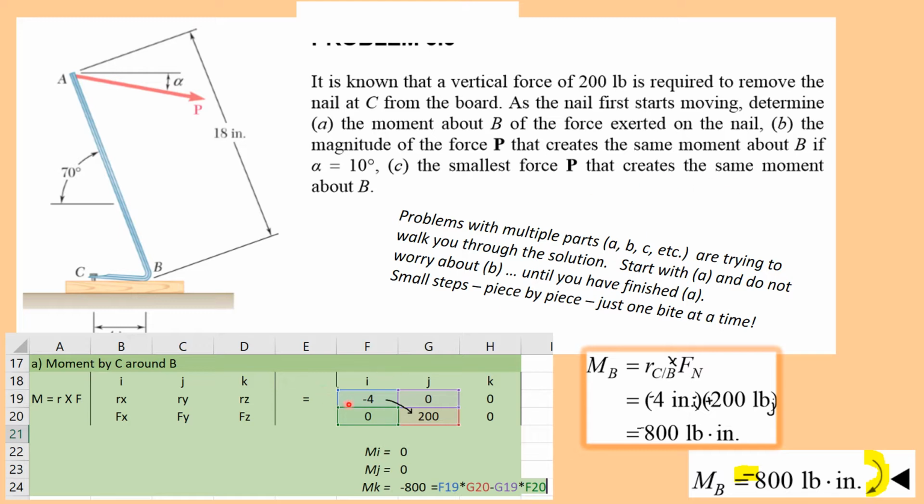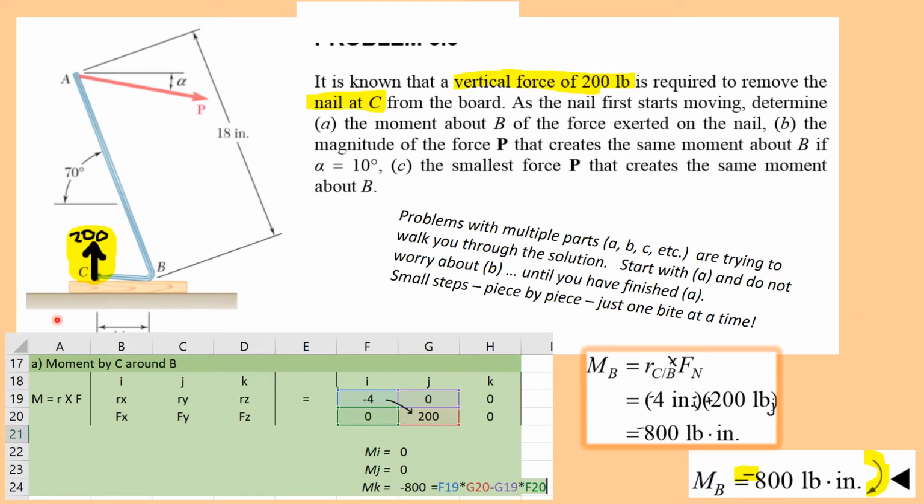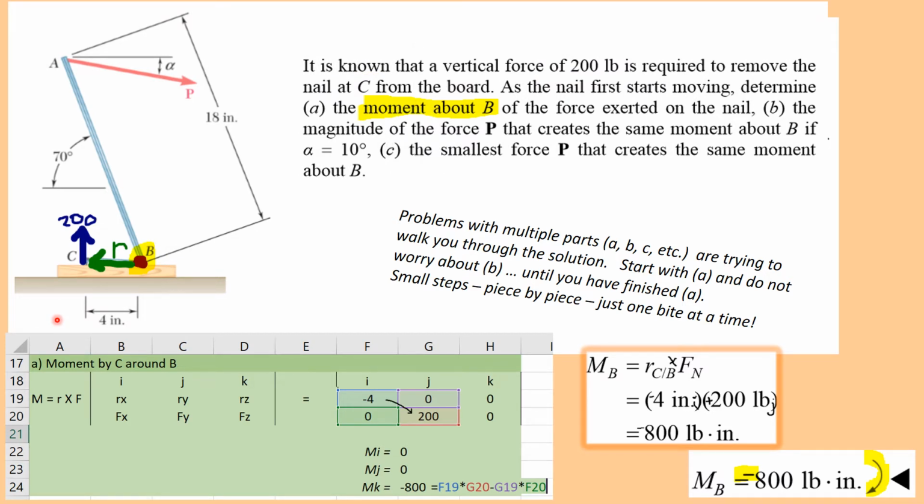So here's how to set that up in Excel. First, we're going to look at the force at C creating a moment around B. Our position vector is going to be from B to where the force is applied. So we're going -4 inches in the X direction. So here's our position vector. And the force that's going to be required is this 200 vertical force.